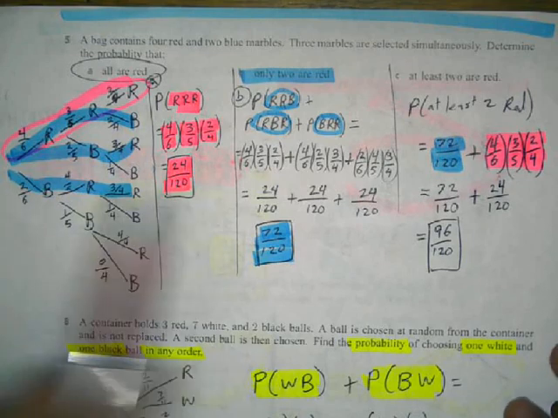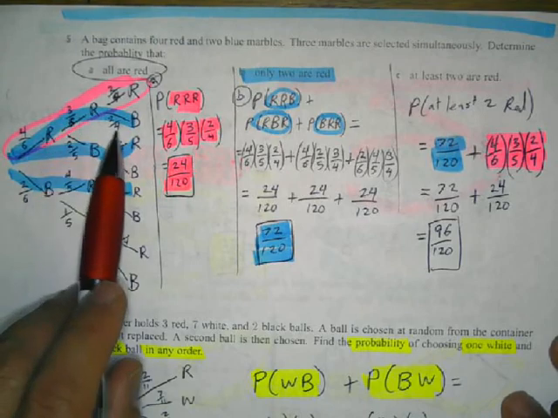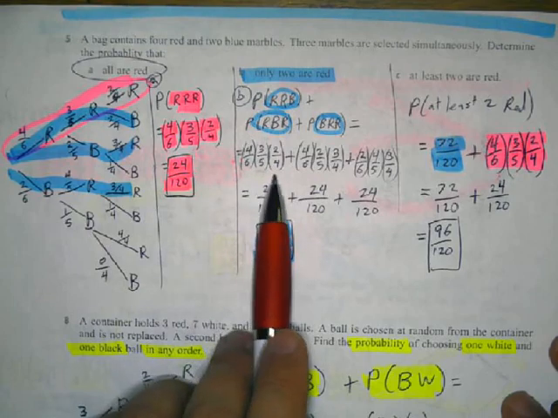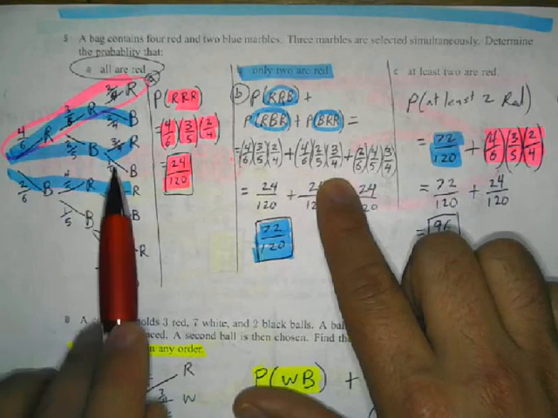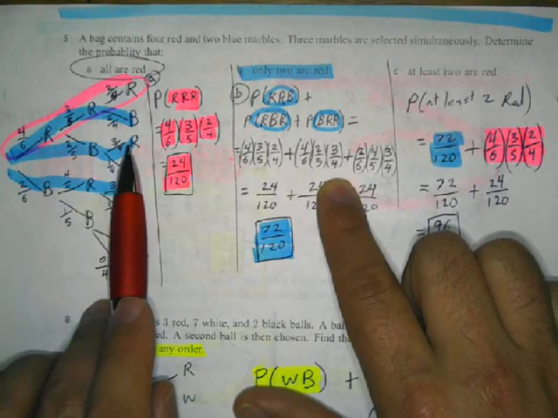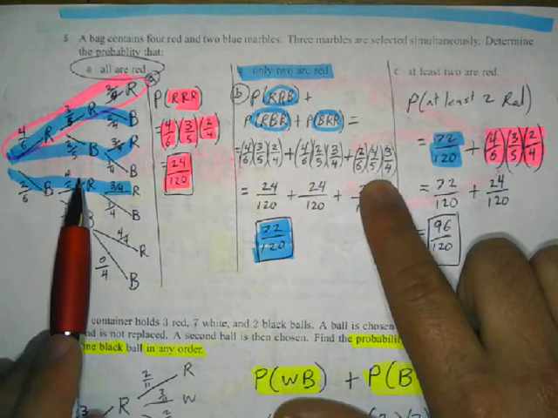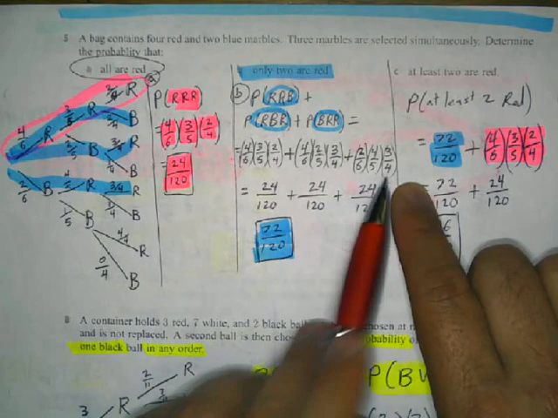So 4/6 times 3/5 times 2/4 is this one here with red, red, and blue. 4/6 times 2/5 times 3/4 is red, blue, red. And this last one is 2/6 times 4/5 times 3/4 to get blue, red, red.